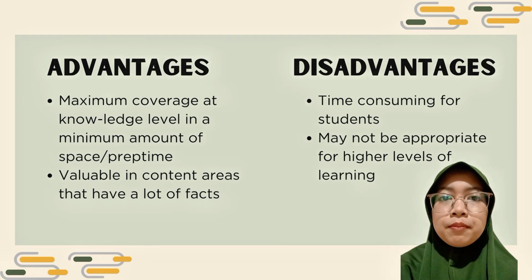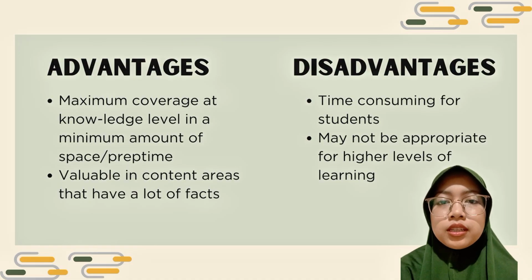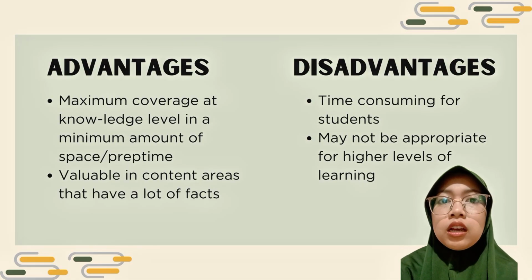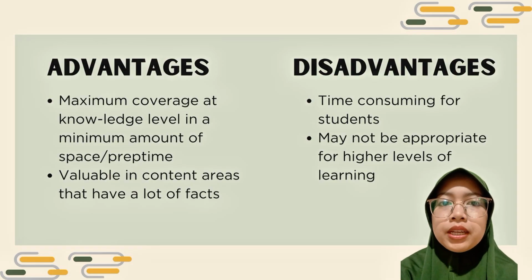But unlike multiple choice questions, it has a different instruction or step. Another good thing is that this type of test can cover a lot of material in a short time. It works really well for subjects that contain many facts such as history, science, or vocabulary.